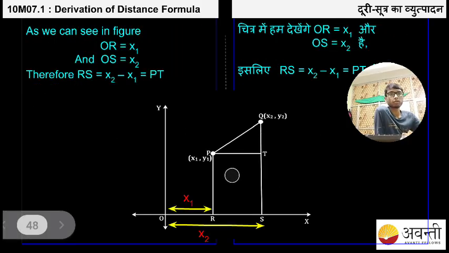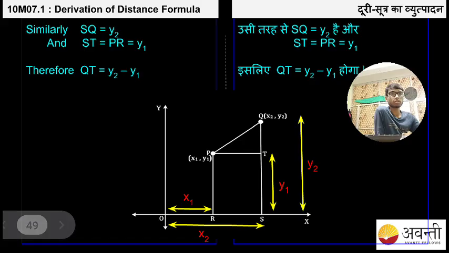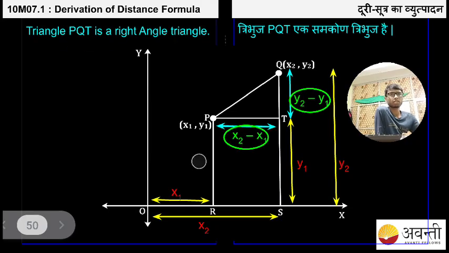Here remember we will subtract. So x2 minus x1, then we will get this left thing. Same here, y2 minus y1, then squared. That is how we will subtract.